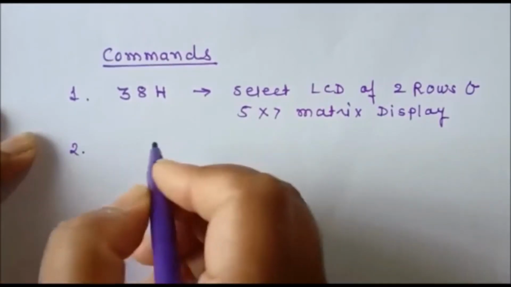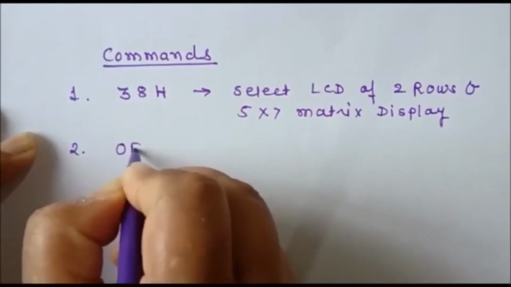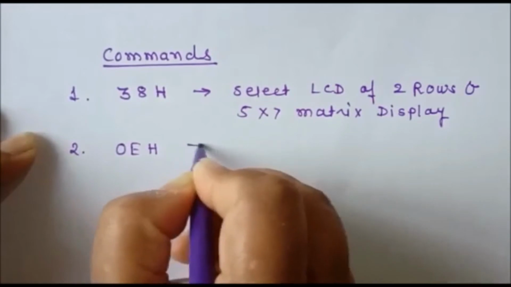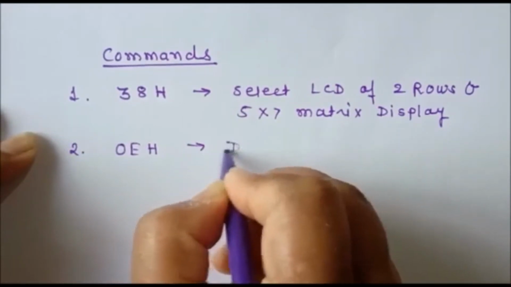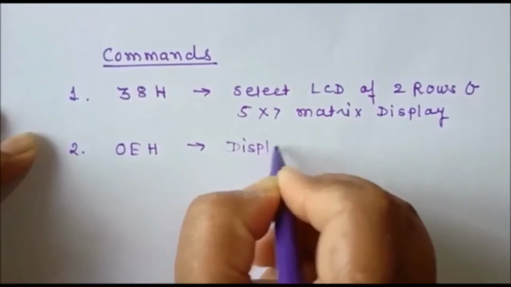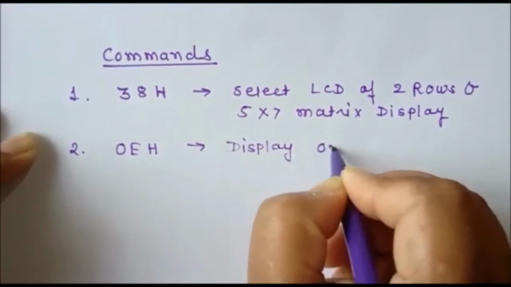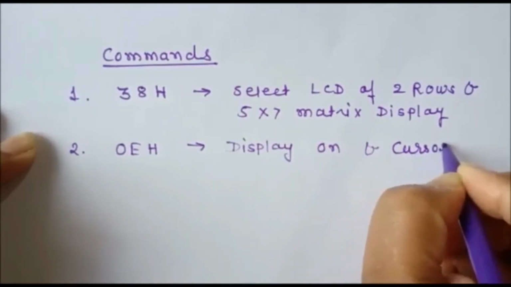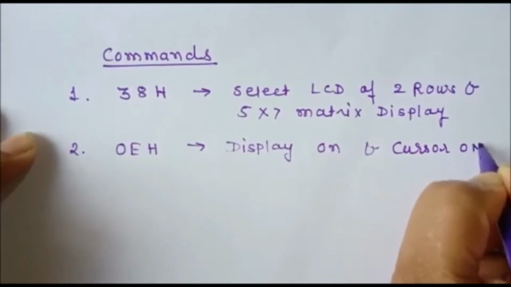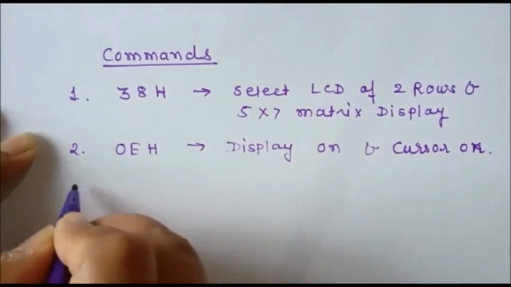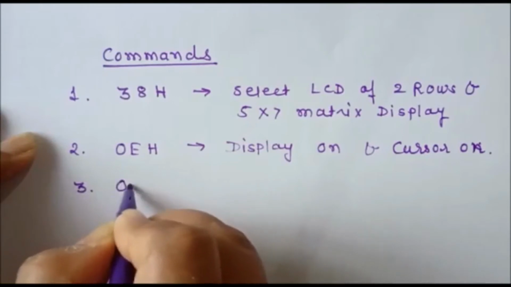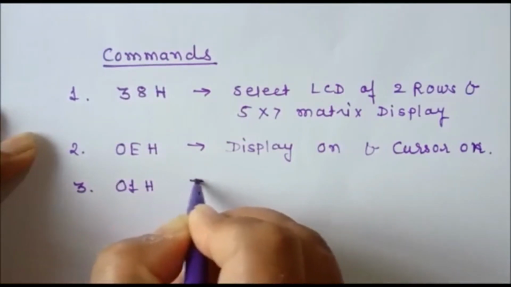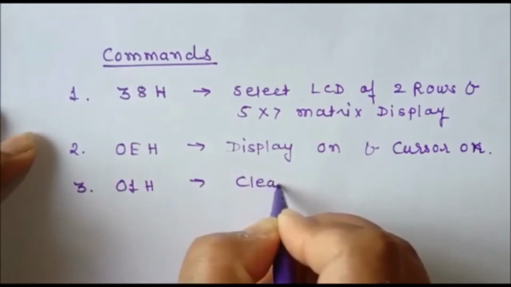The second command we generally use is 0EH. 0EH command is used to display on and cursor on. Third command is 01H, that is to clear display.